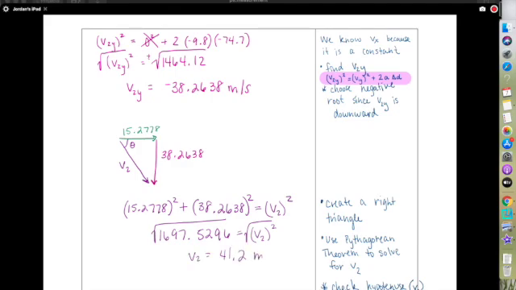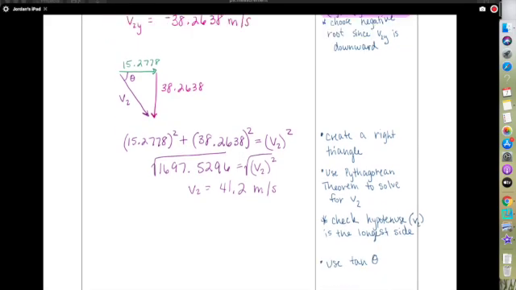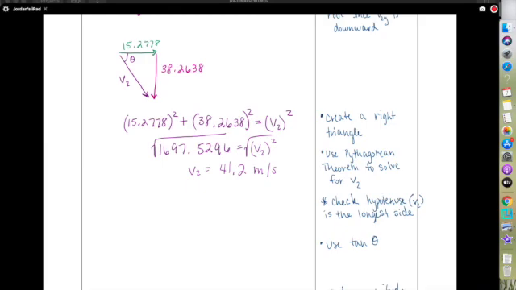We take the square root of both sides, and we'll get that our V2 is 41.2 meters per second. So now we know the magnitude, we have to find the direction. Taking the tangent of theta, we're going to have opposite, which is 38.2638, divided by the adjacent, 15.2778. So solving for theta, it's going to be the inverse tangent of 38.2638 divided by 15.2778.